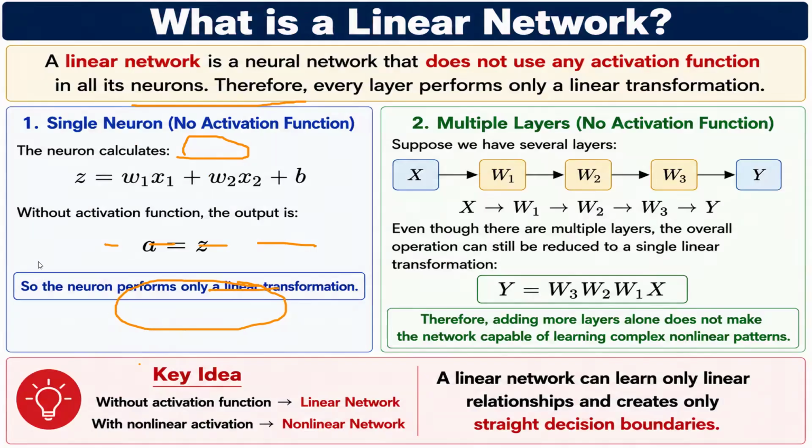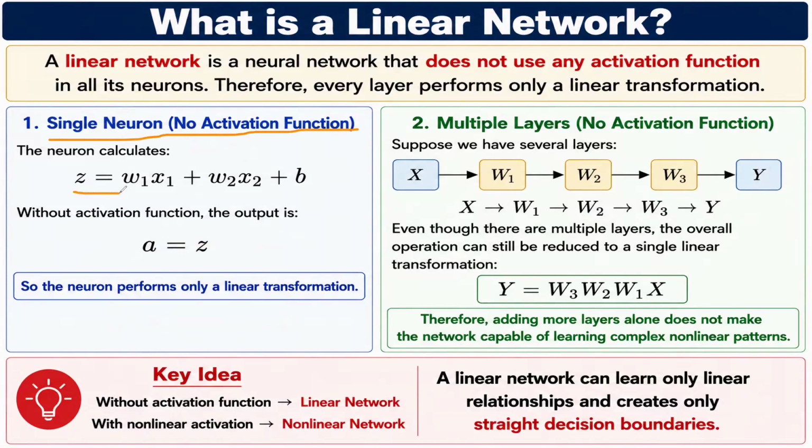Now first of all, let us see what a linear network is. A linear network is a network that does not use any activation function. So in a linear network, the activation function does not exist. Let us say the first example is a single neuron with no activation function.